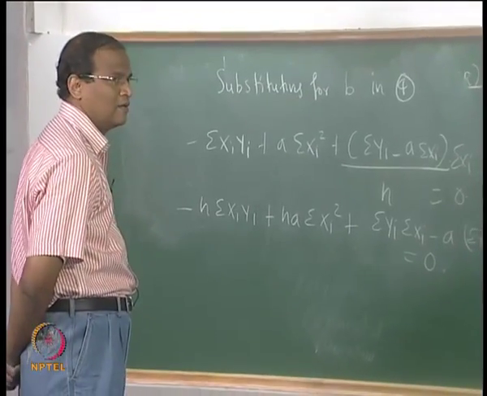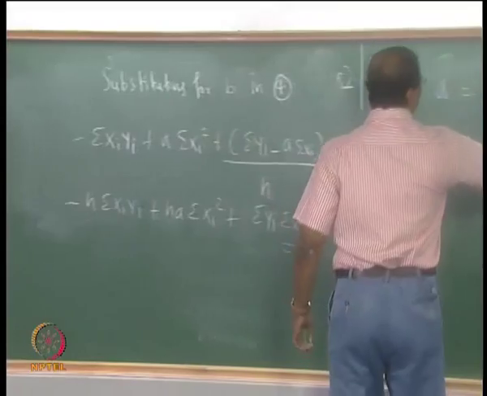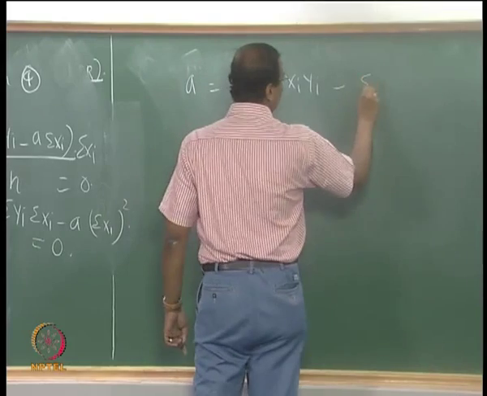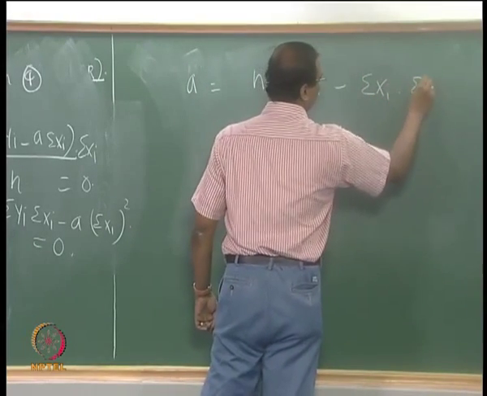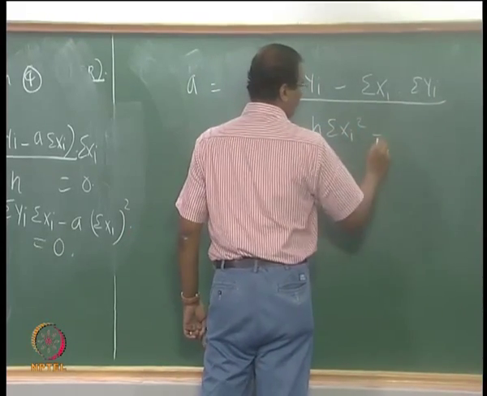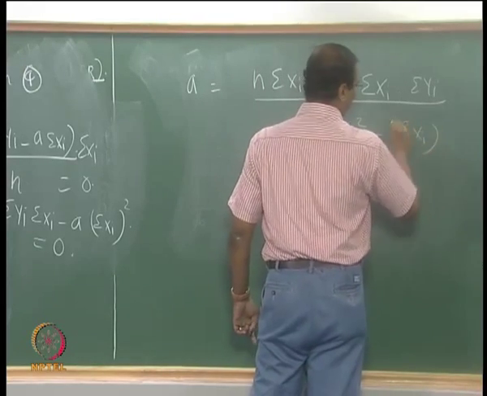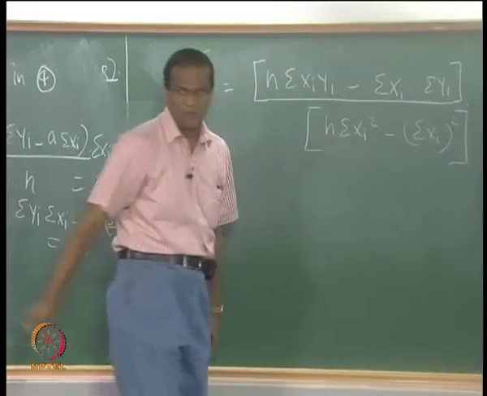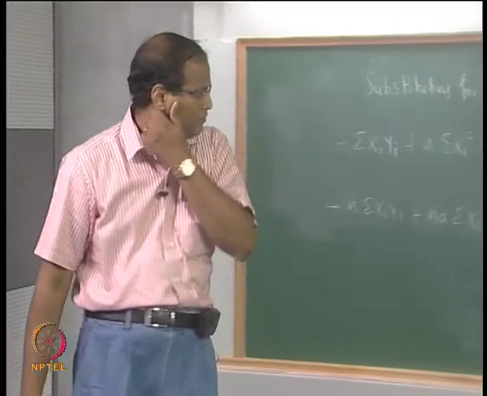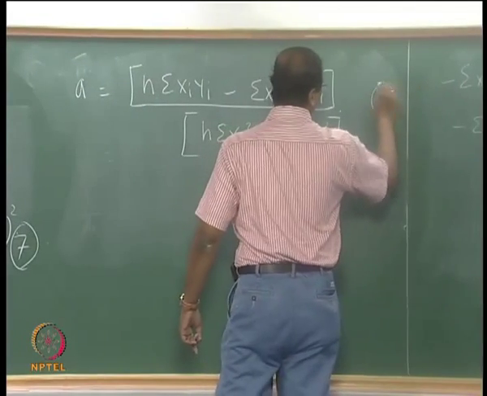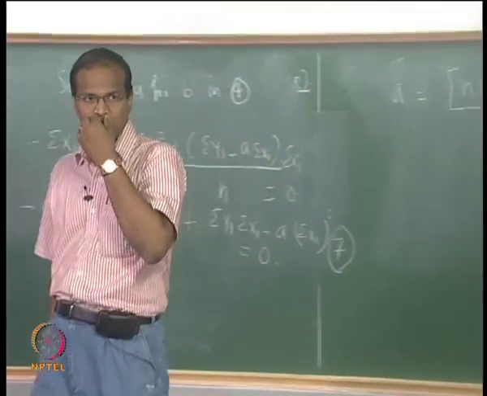Sigma xi sigma y, n sigma xi square, minus sigma xi squared.